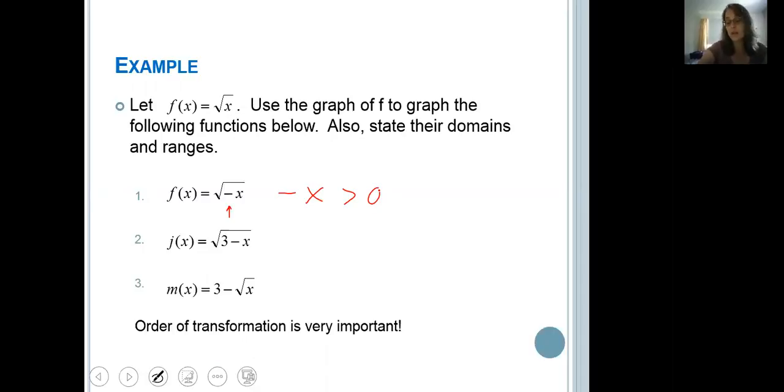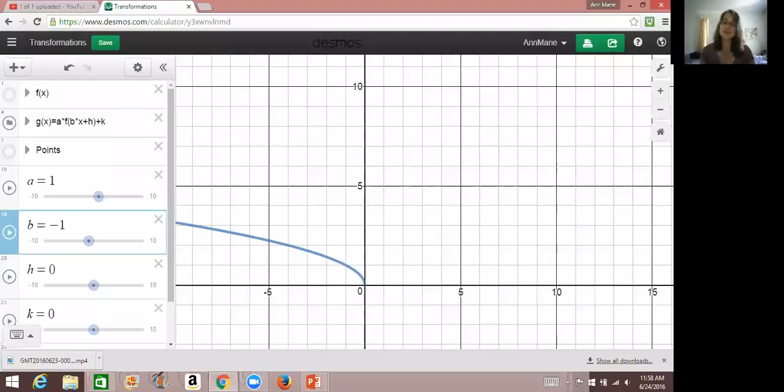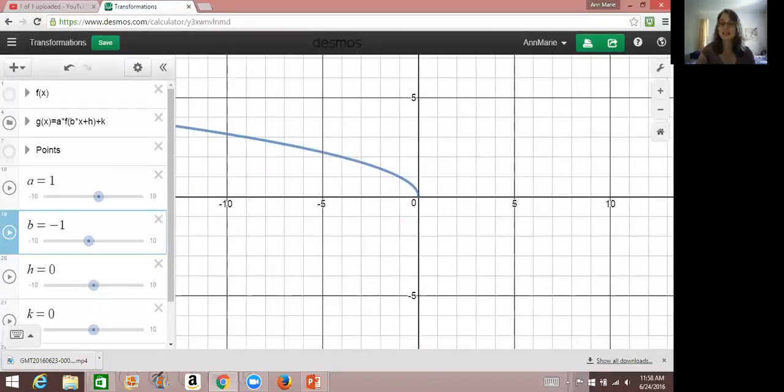Divide through by -1. Remember, you have to reverse the inequality. And sure enough, it turns out that my domain is all negative numbers. So looking at the graph can help us understand our domain.